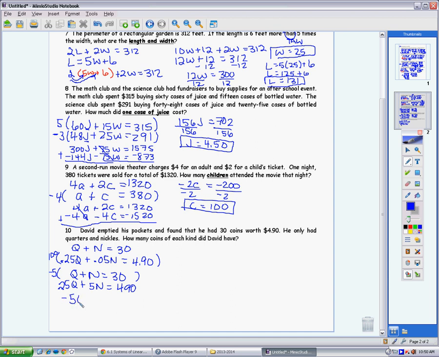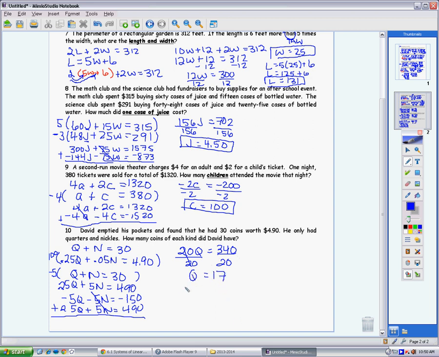So I get -5 quarters, -5 nickels equals -150, and I get 25 quarters plus 5 nickels equals 490. That didn't change. And now I'm ready to add my two equations together because I know my nickels are going to cancel out. So I get 20 quarters equals 340, and I'm going to divide by 20, and the number of quarters that I have are 17.